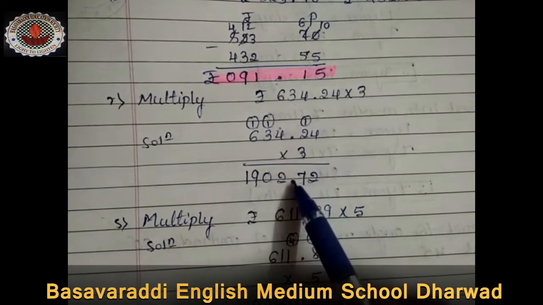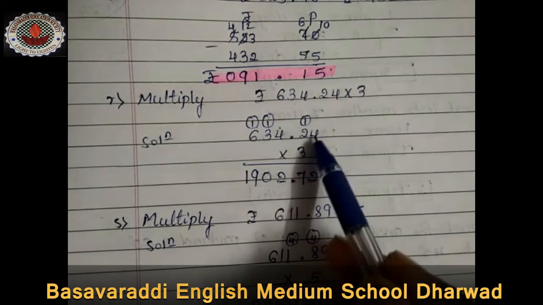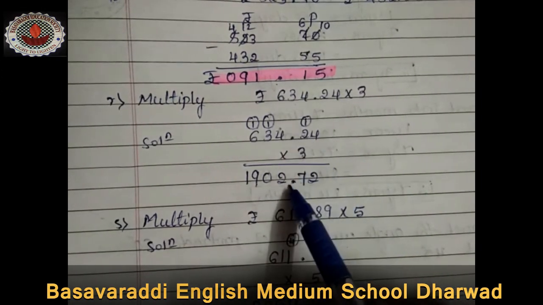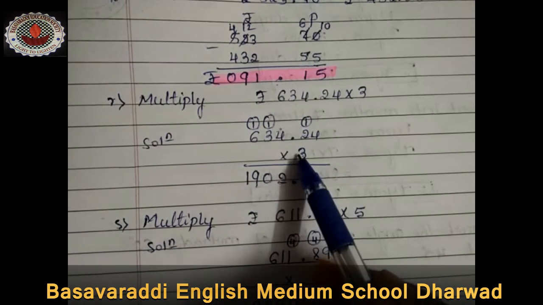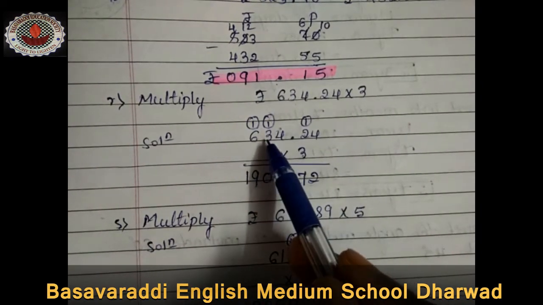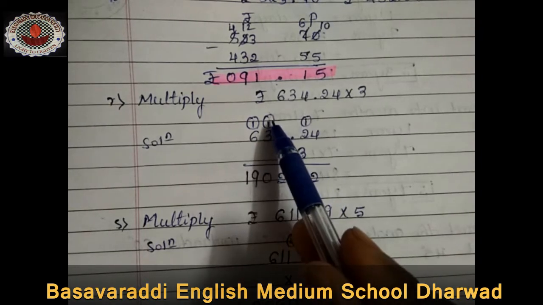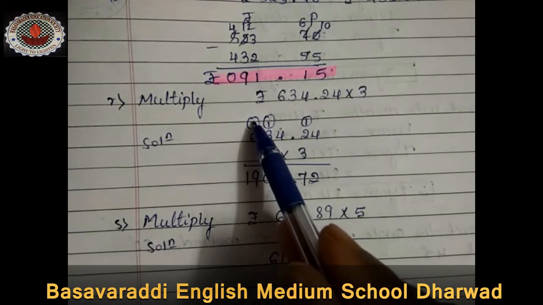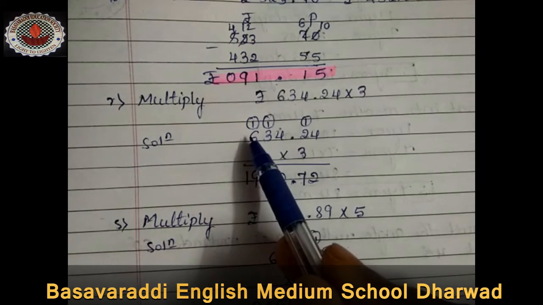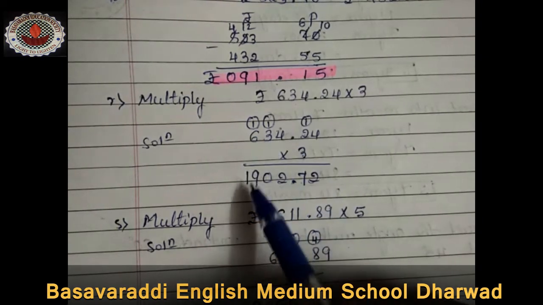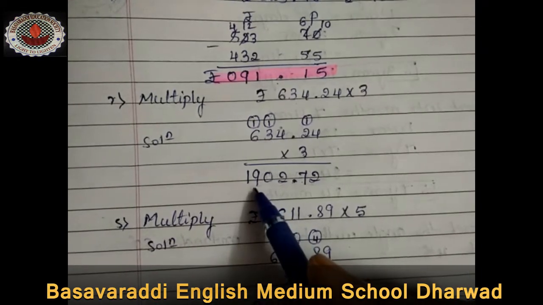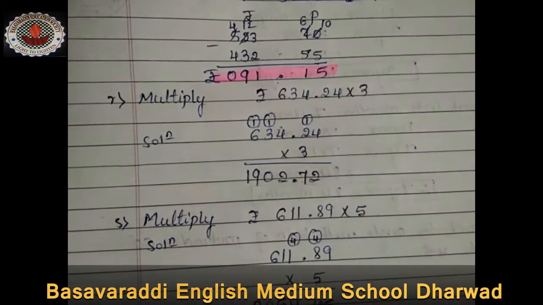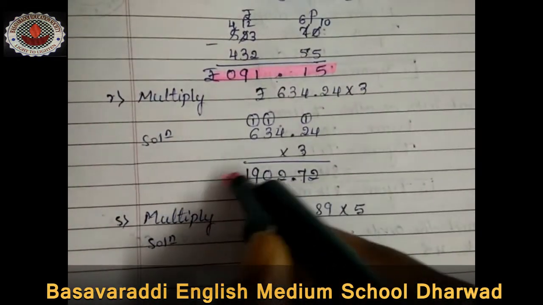So put the decimal point as it is. It means after two numbers insert the decimal point here. Next 3 4s are 12, 2 is here, 1 carried over. Next 3 3s are 9 plus 1 is 10, 1 carried over. Next 3 6s are 18, 18 plus 1 is 19. The answer is 1902 rupees 72 paise. So this is the product.